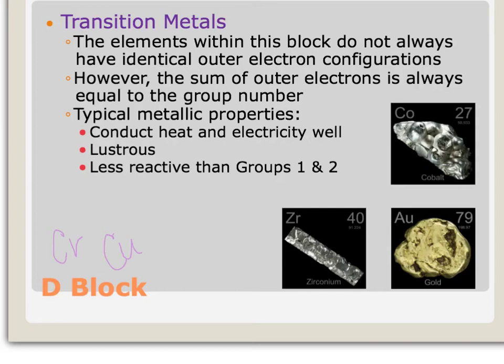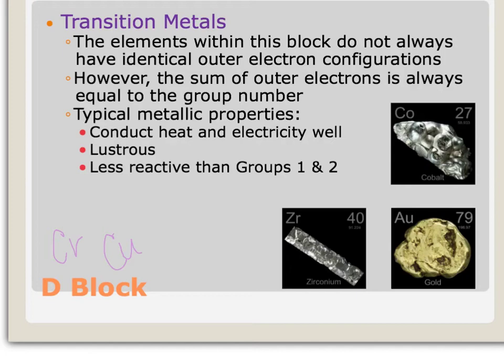So if they have 2 electrons in the outer energy shell that are in the D block and 1 in the P block or whatever, those 1 plus 2 will equal 3, so it will be a group 3 element.